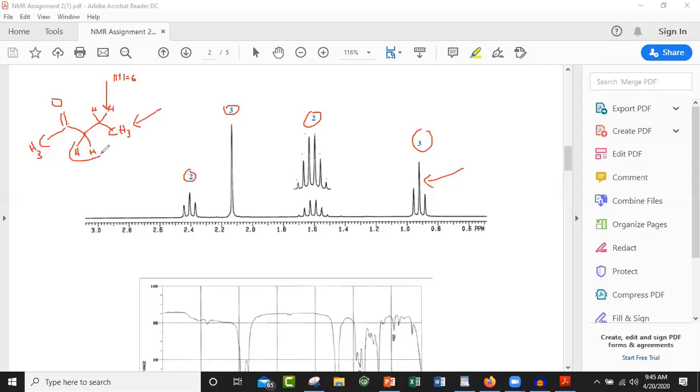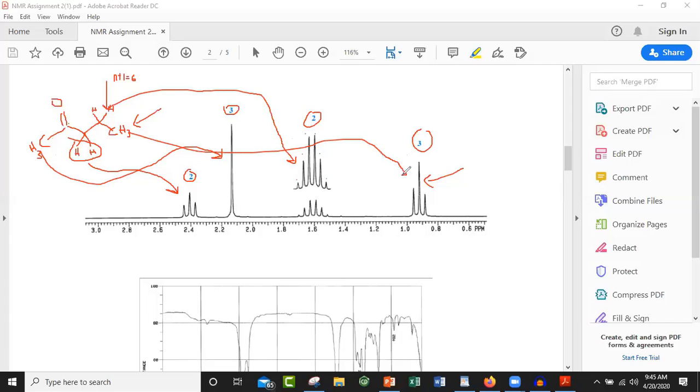Yes. So this is for that, this right here will be for here, and this is going to be the sextet here. And then this CH3 is going to be here.